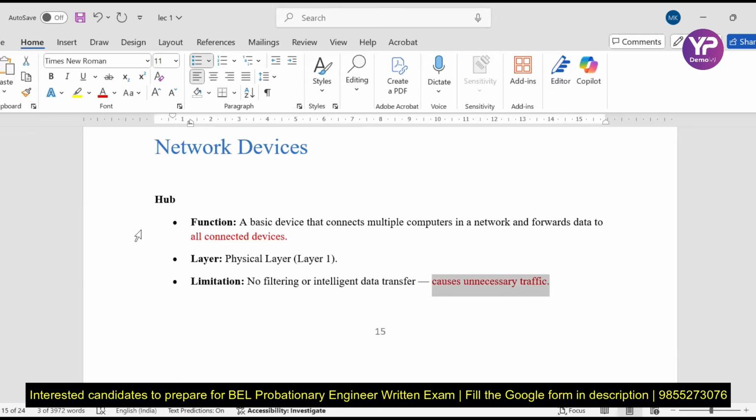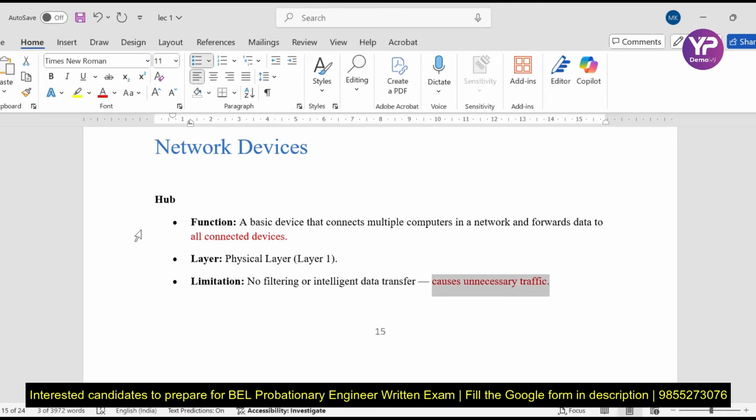Now, it connects multiple devices like computers or printers within a LAN. What is the functionality of switch? Connect devices within a LAN, local area network, and forward data only to the intended recipient using MAC address. It means it uses the concept of filtering and it is an intelligent device.